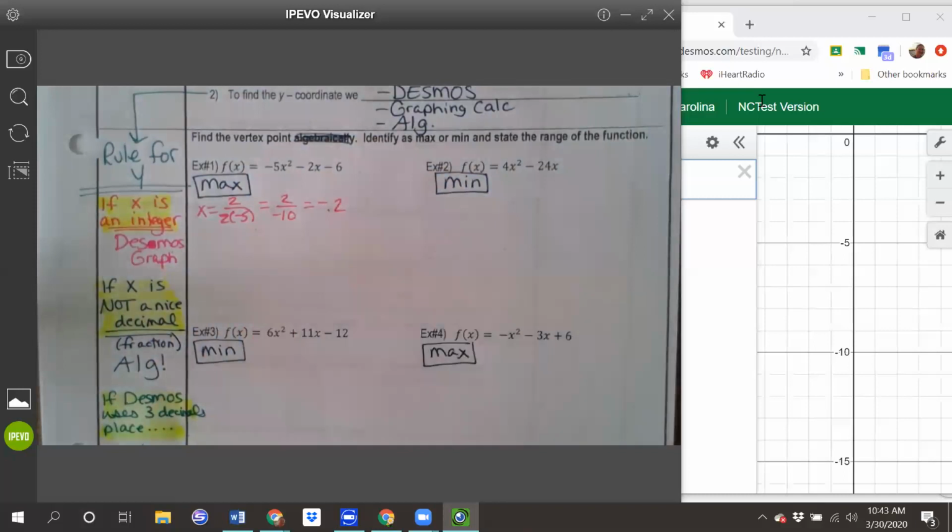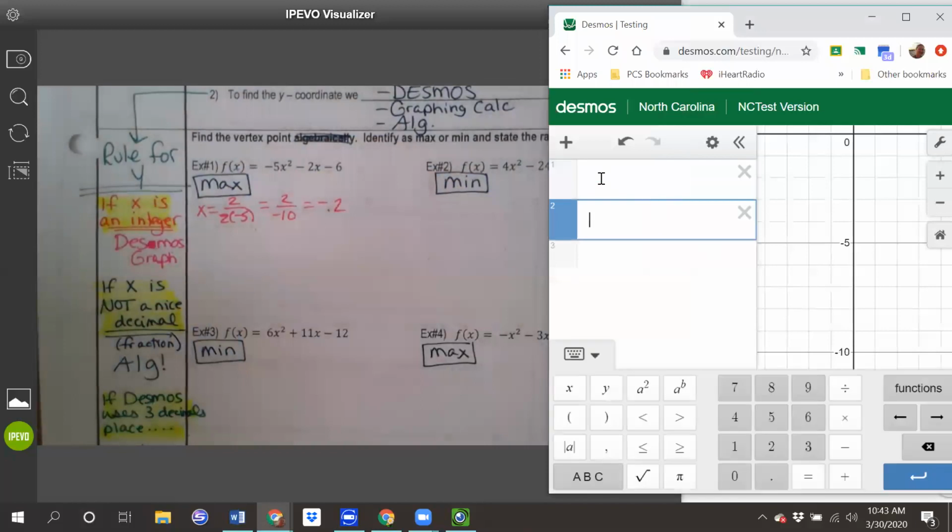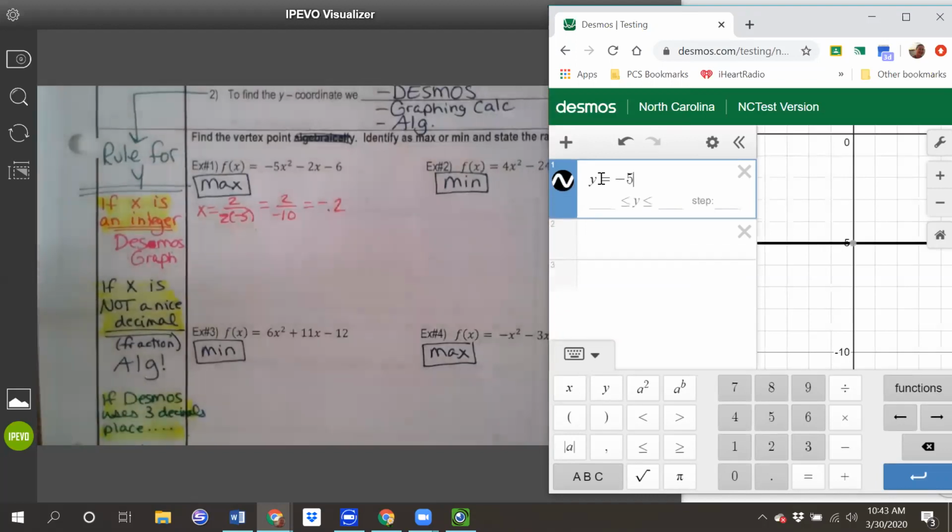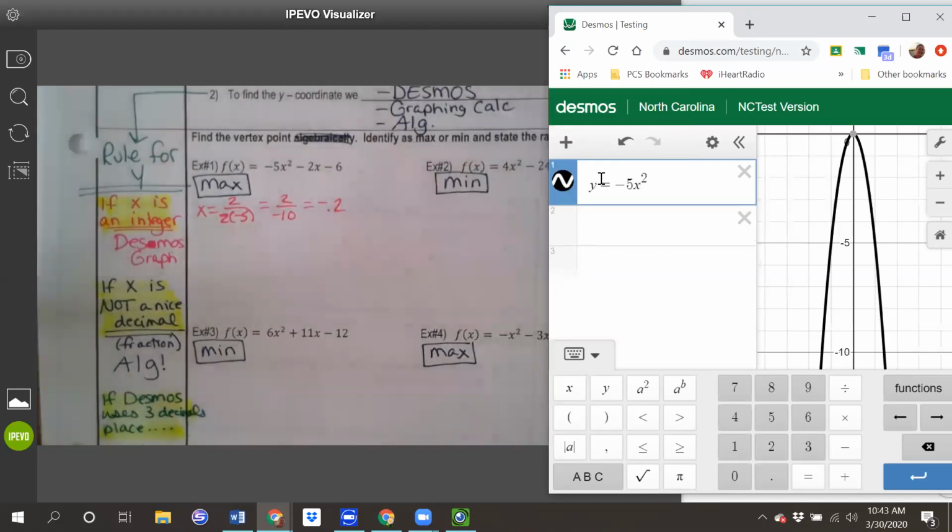That's a nice decimal. So I feel confident in going to Desmos. When we get nice numbers, you can just put it in on Desmos. So y equals negative 5x squared, minus 2x minus 6.